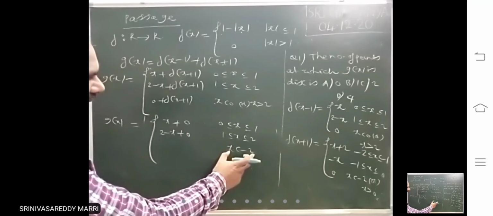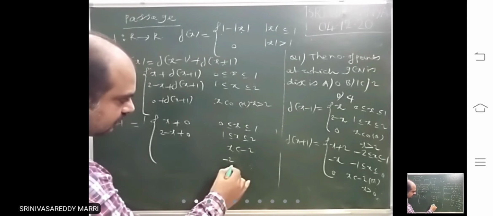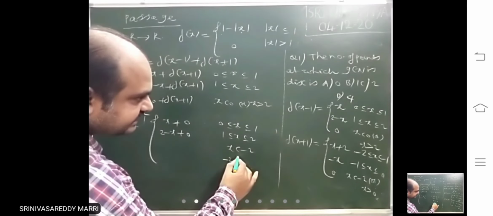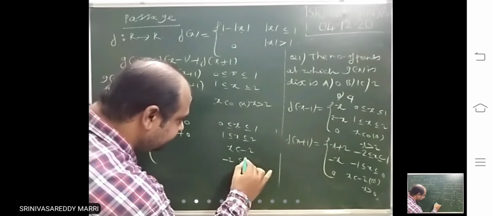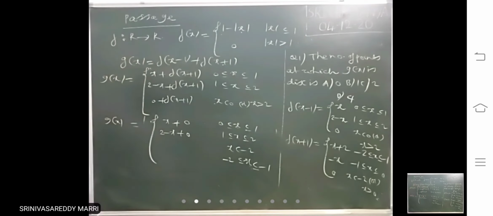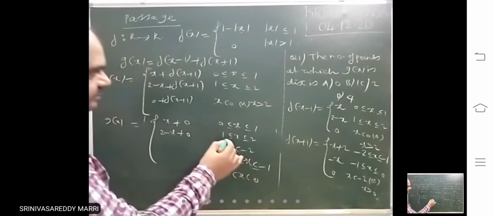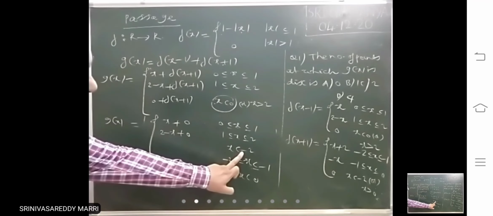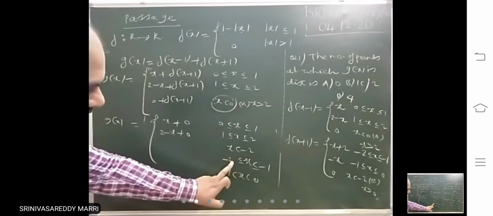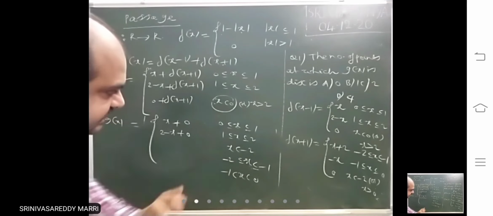X less than minus 2, minus 2 to minus 1, one definition, and then minus 1 to 0.